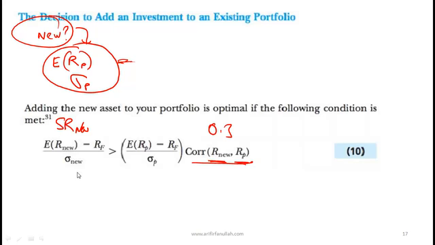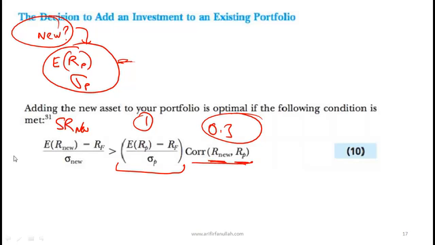And how does that happen? That happens because the Sharpe ratio of the new asset simply needs to exceed the product of the Sharpe ratio of your portfolio multiplied by the correlation. So notice that if an asset has low correlation with the portfolio, then it is generally easier to justify adding it to the portfolio.